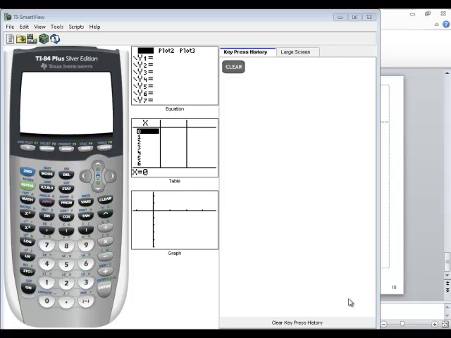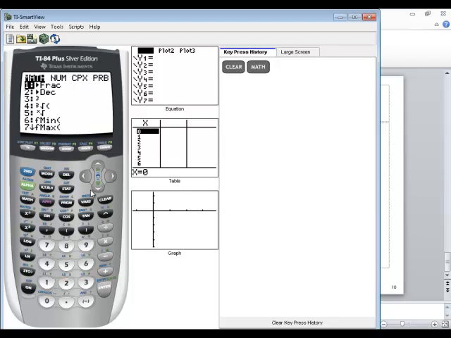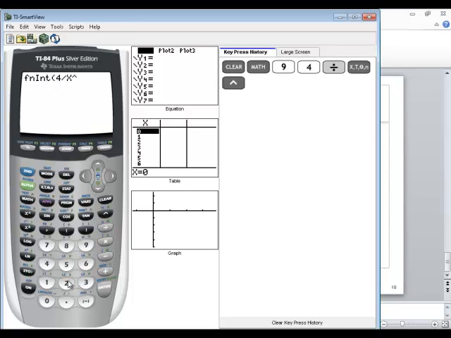We'll proceed just as we did with the previous example, but for convenience, we will use the variable x as opposed to the variable y. So we start with clicking the math button, and we will choose the ninth option, which is fnint. We're going to integrate the function 4 divided by x to the second power.